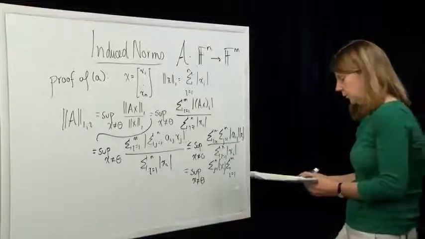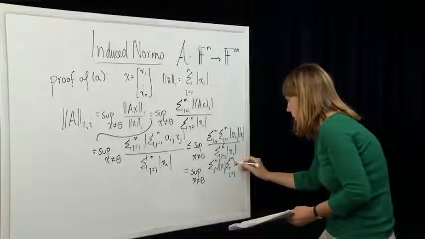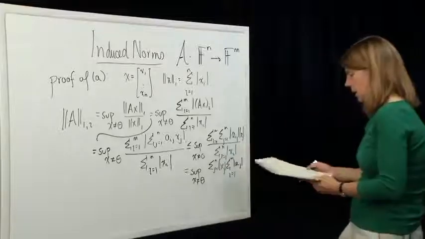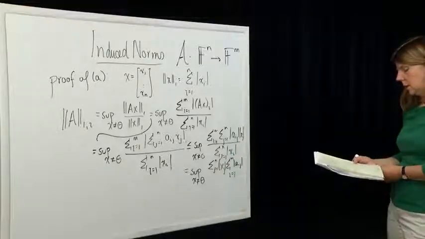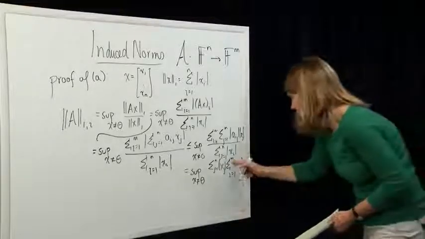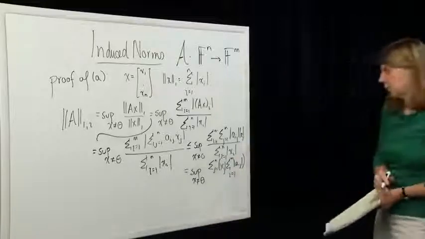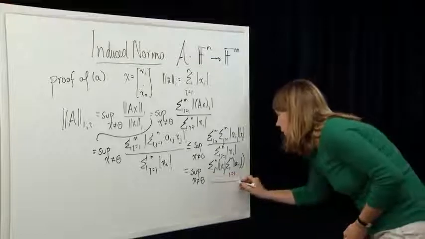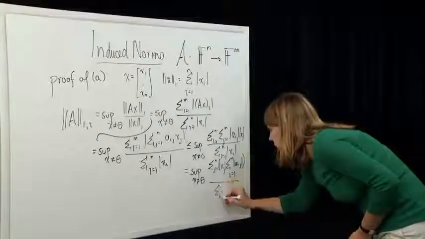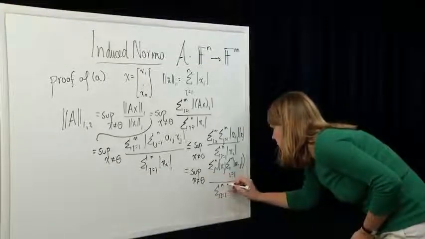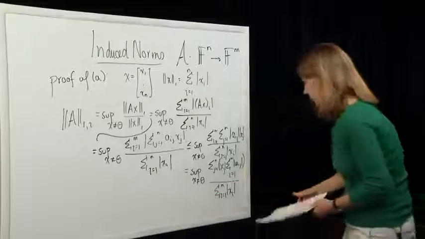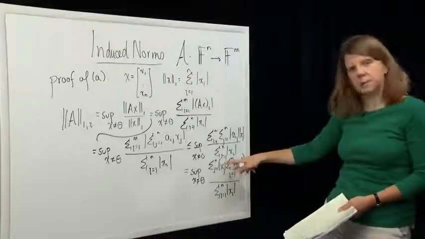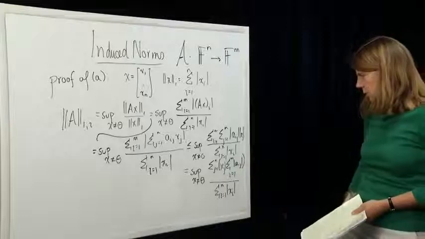And here I have the a_ij. Okay, so I've brought that outside the summation sign. And you should just check this to make sure that works. So these are finite summations, so we can do that rearranging.